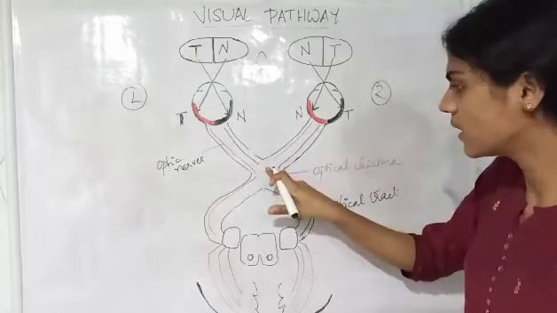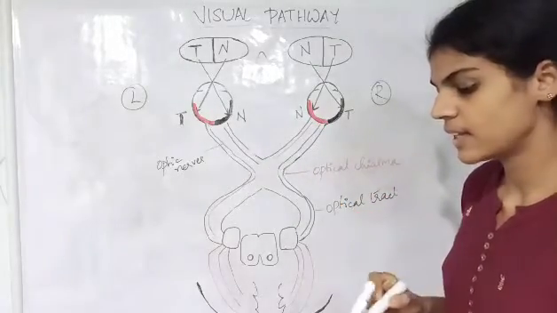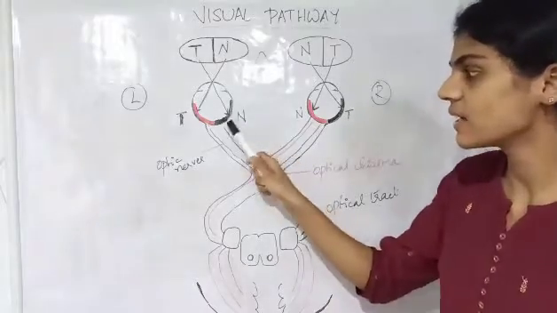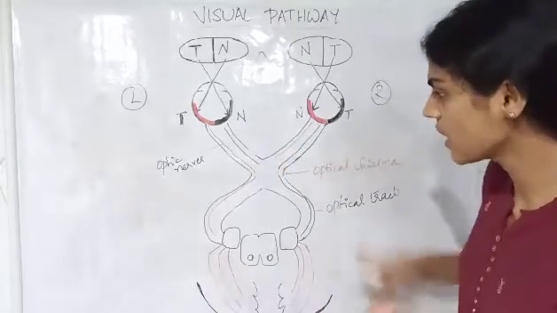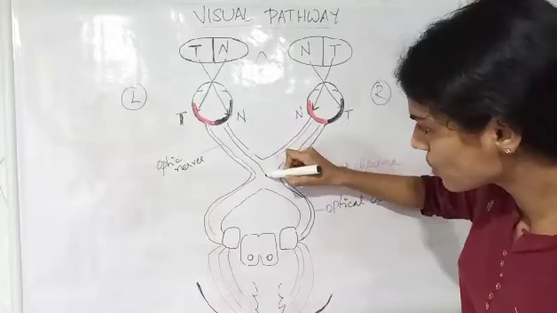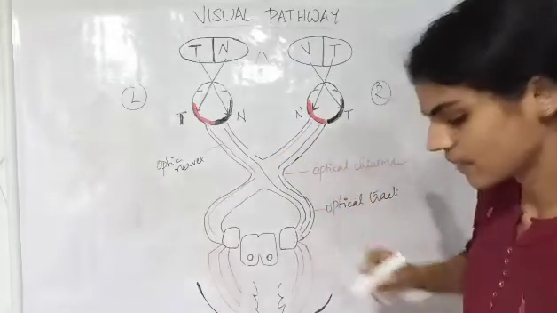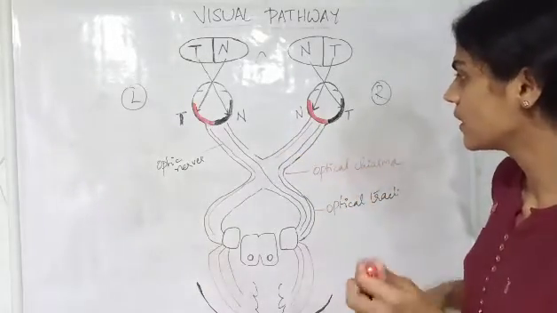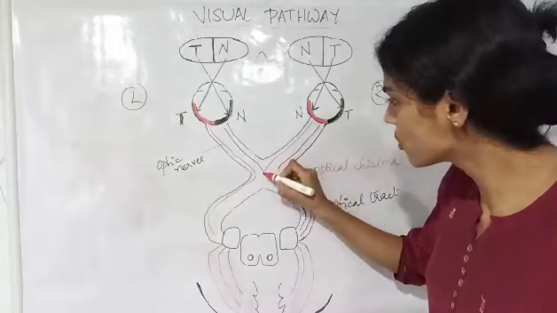So at the optic chiasma, only the nasal retinal fibers cross: this one crosses to this side, and this one crosses to the other side.